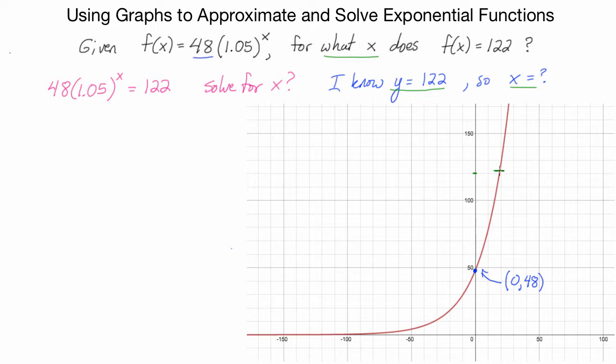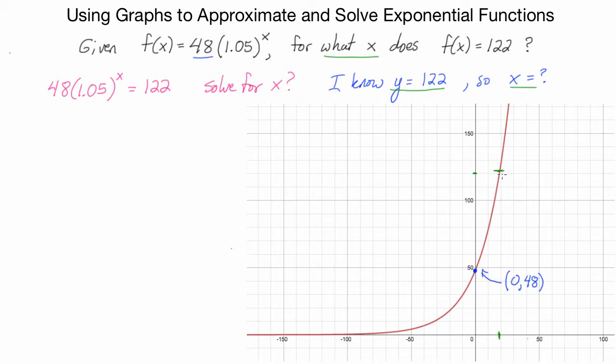Now I can really easily see where my x value lines up. It lines up just a smidge to the left of this line, right about there. If I had to approximate, it looks like each x block is broken up into a unit of 10. So that would be 0, 10, just under 20.